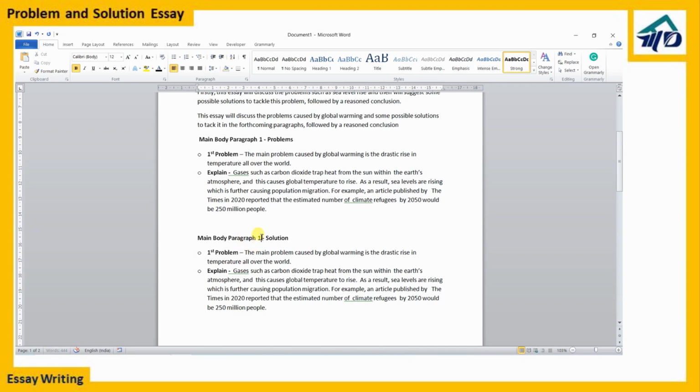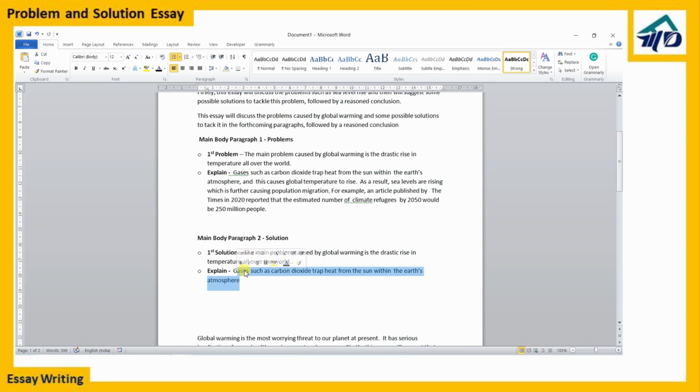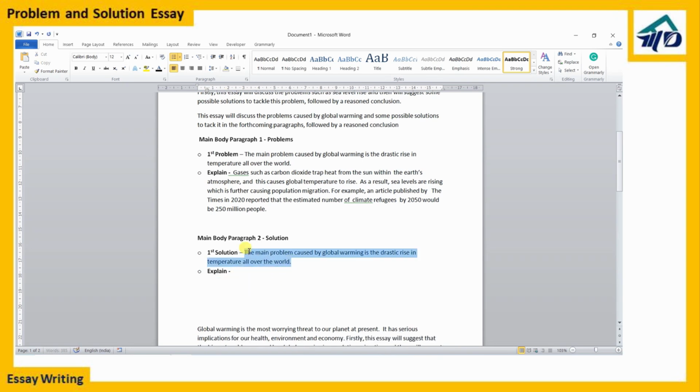Rest everything is going to be the same structure. Here it would be your first solution, and maybe I may write a second solution. Let's see how many words I would be getting for this one. Based on that, I will decide whether to go for one solution or two solutions.